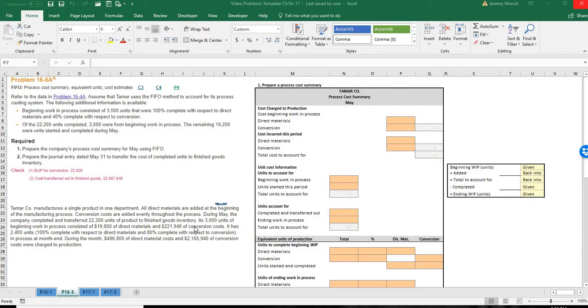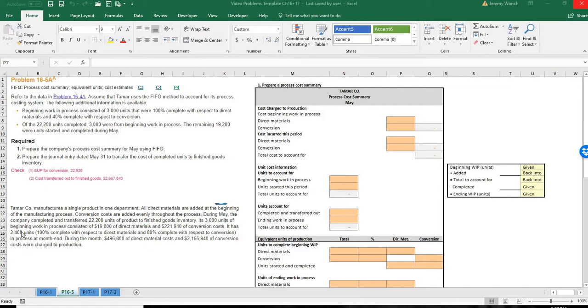We have three different kinds of costs we've talked about: direct materials, direct labor, and overhead. Conversion cost is saying we're starting off with this raw material, this direct material. What does it take to convert it to finished goods? Well, it takes direct labor and overhead. So when we talk about conversion costs, we're talking about both direct labor and factory overhead.